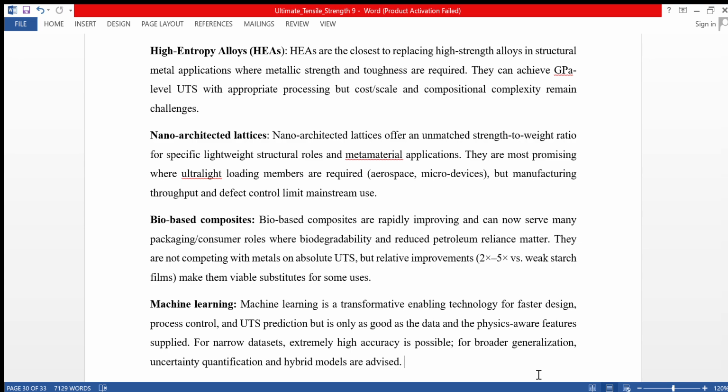Machine learning is a transformative enabling technology for faster design, process control and UTS prediction, but is only as good as the data and the physics-aware features supplied. For narrow datasets, extremely high accuracy is possible. For broader generalization, uncertainty quantification and hybrid models are advised.